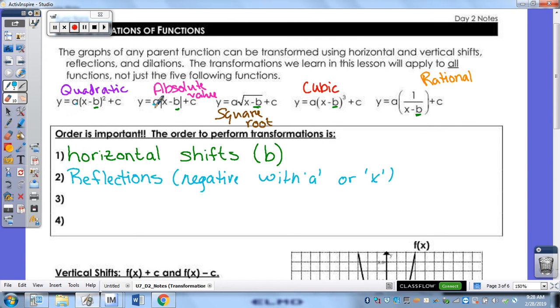Starts with A, starts with A, starts with A. So if it's a negative in front of that A value, that means you're going to reflect over Y. So if it's all the way out in front, you're reflecting over your Y-axis there. All right, if the negative's all the way out in front, you're reflecting over X. I apologize.